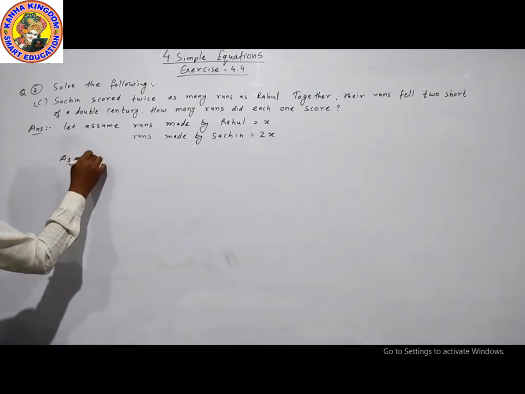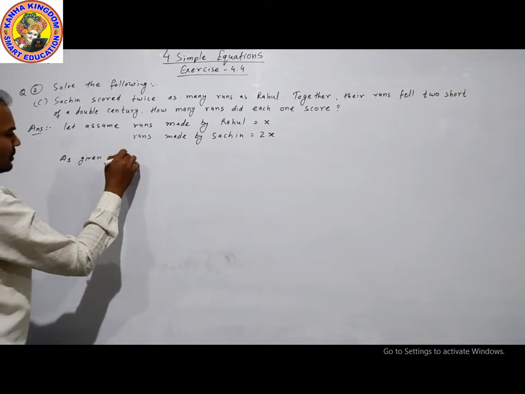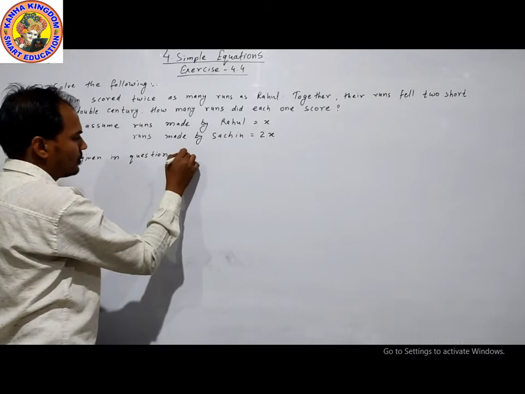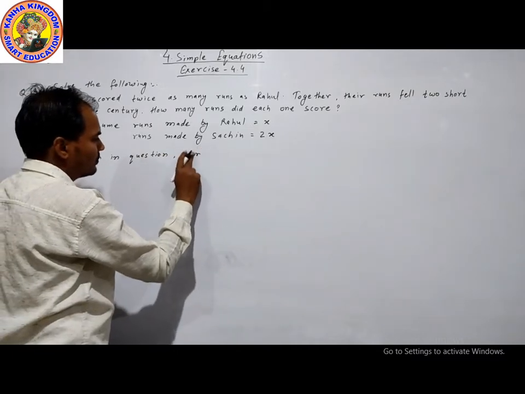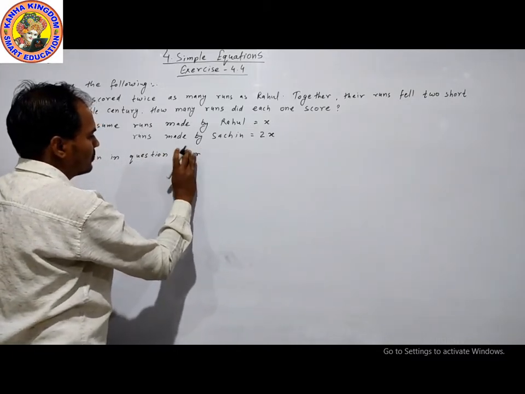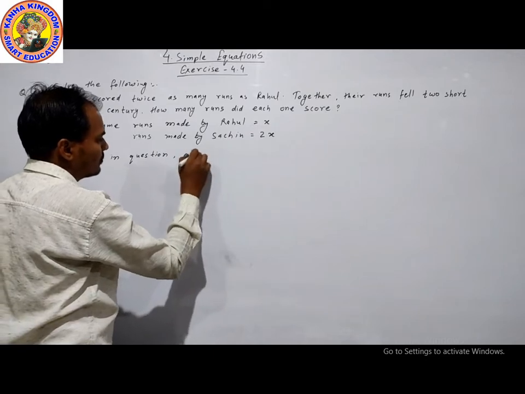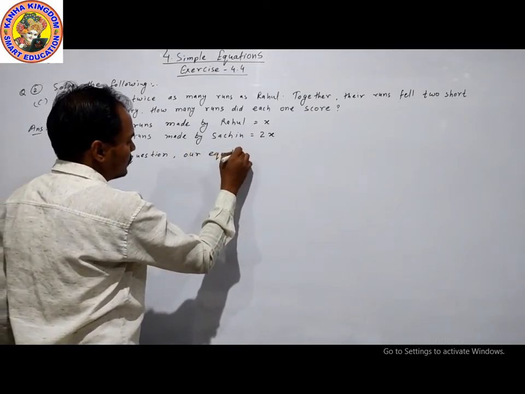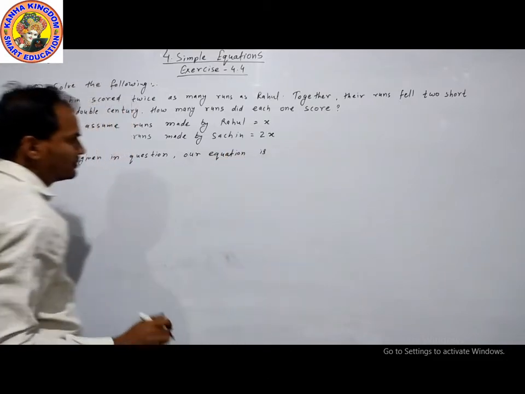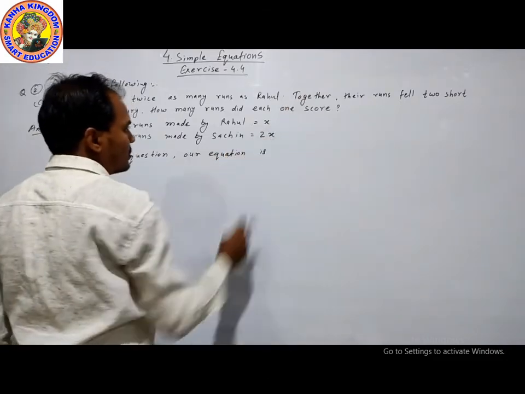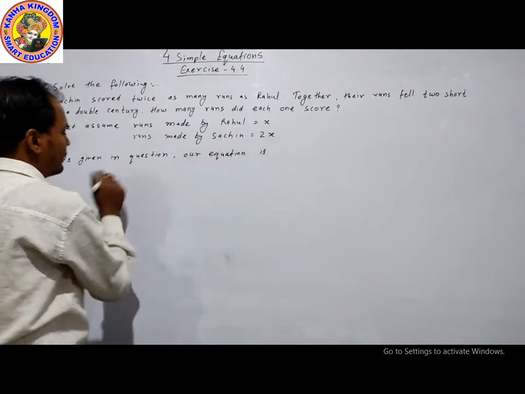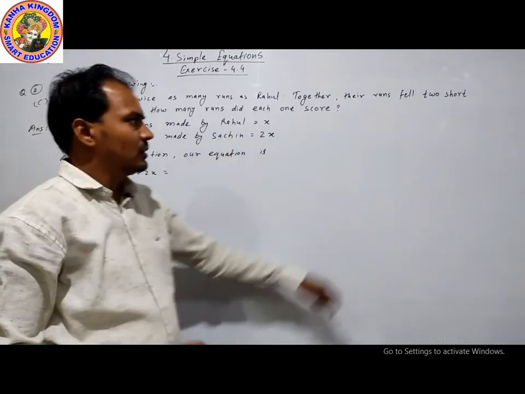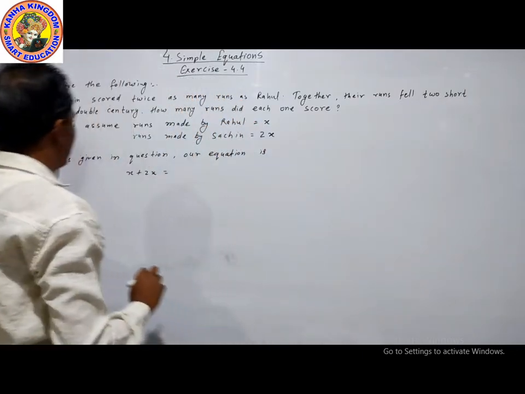As given in the question, the equation is: together means joint of them, sum of them, x plus 2x is equal to 2 short from double century.